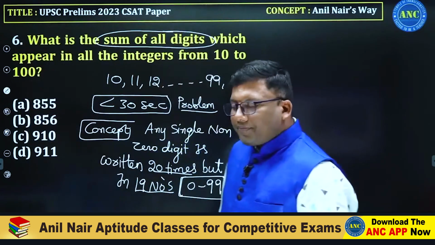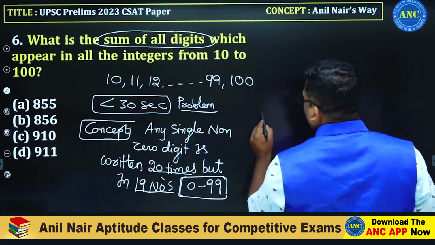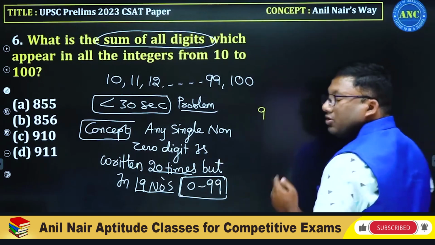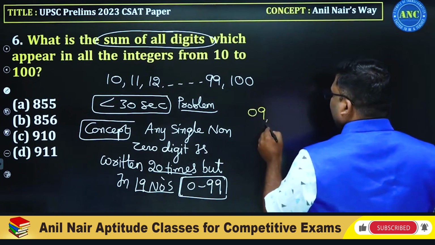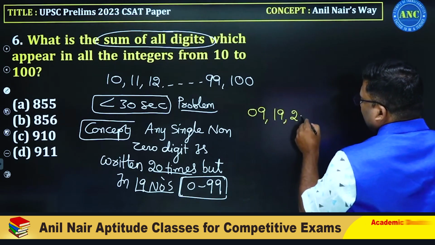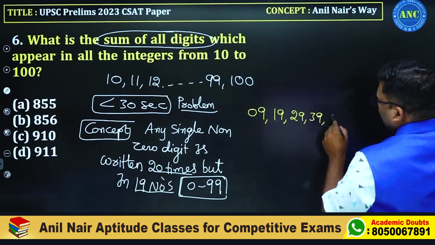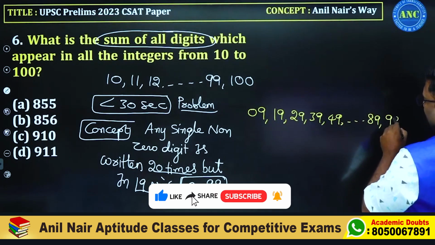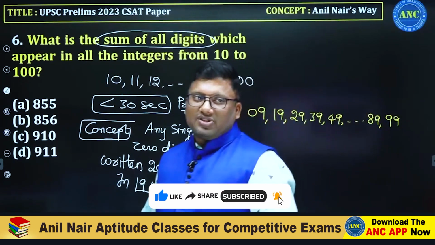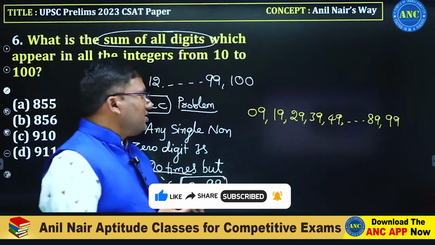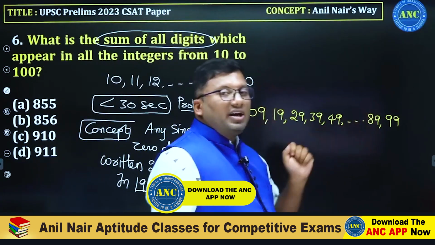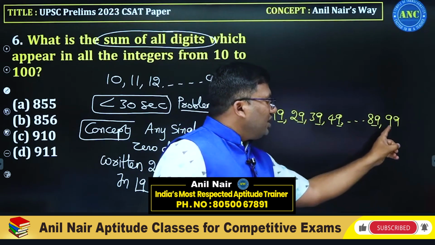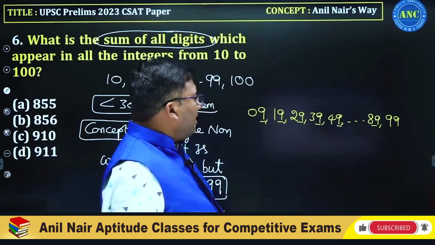See here, sir. Suppose 9 is there. Listen carefully. I am writing from single digit to 2-digit numbers: 0, 9, 19, 29, 39, 49, and so on up to 89, 99. 9 is present in the units place.